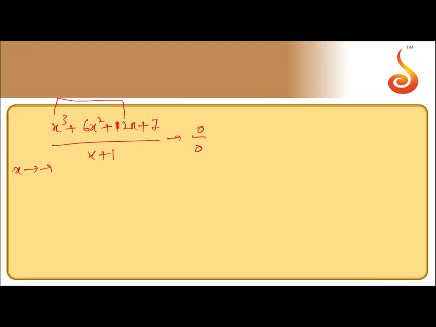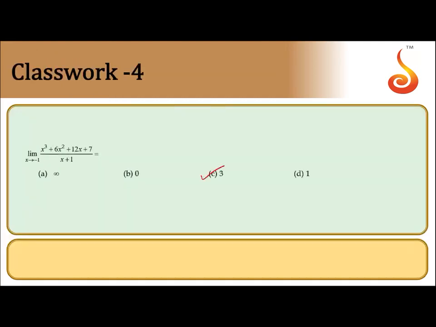So this is in the form of 0 by 0. Why can't you apply the derivative method? Differentiating the numerator with respect to x, 3x square plus 12x plus 12 divided by 1. Substitute x equals minus 1, and you will get 3 minus 12 plus 12. So the answer is 3.